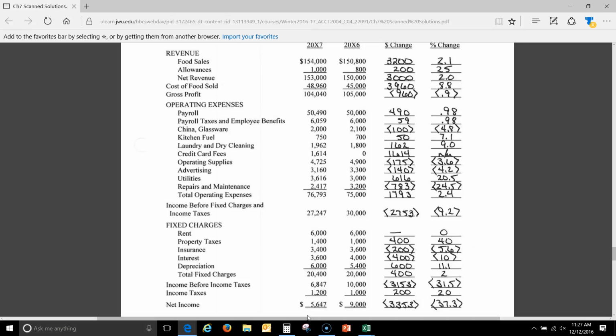The reason that happens is that the overall increase we started with in revenues was eaten up by all these increases in expenses.